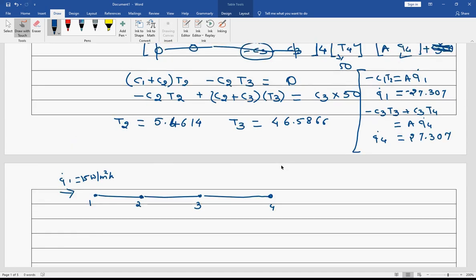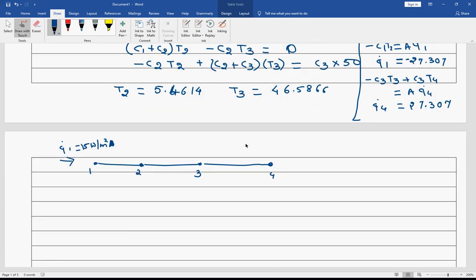Heat flux is watts, and per unit area is per meter square. This is what is going to flow, and let's consider the temperature at this location, which I call T4, that is given to us as 40 degrees Celsius.